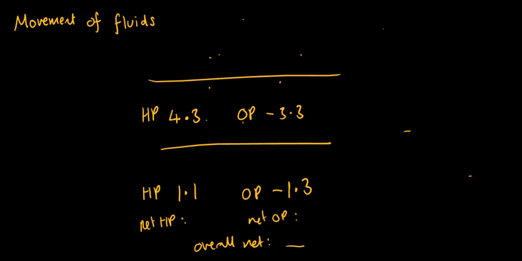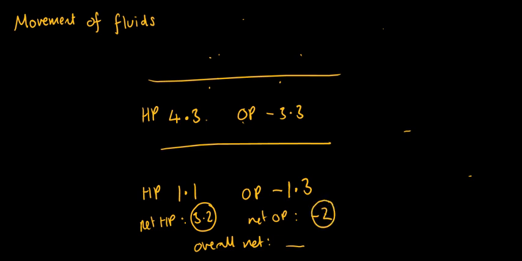So our net hydrostatic pressure is going to be 4.3 minus 1.1, and that is going to give us an answer of 3.2. And then our net oncotic pressure is going to be minus 3.3 minus 1.3, and that is going to give us minus 2.